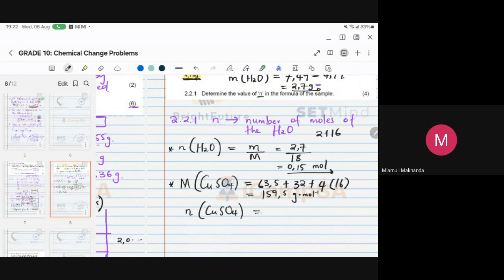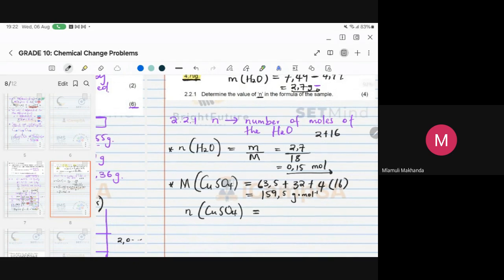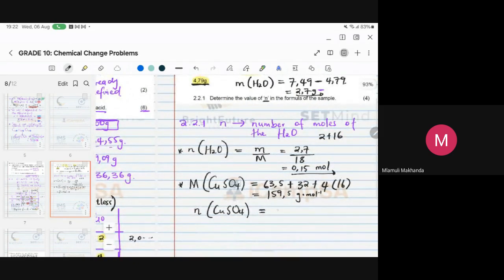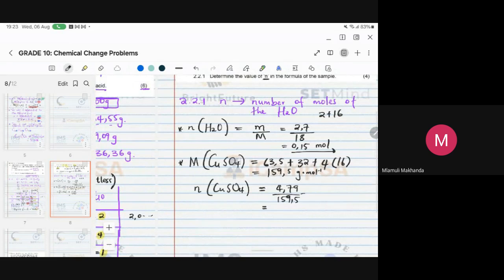Let's find the number of moles of copper sulfate in a 4.79 gram mass or sample. You will understand why we need both of these shortly. So we said we had 4.79 grams over the molar mass.